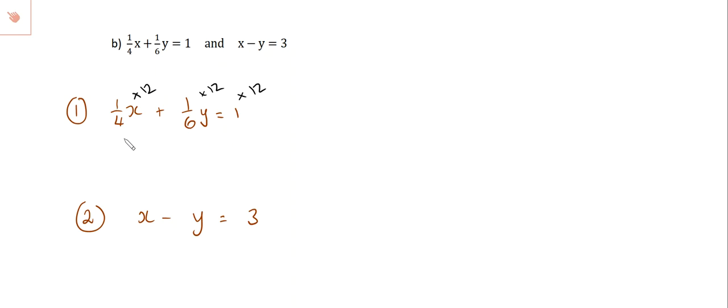This is where I saw a couple of mistakes. This gives me 12 quarters x plus 12 sixths y equals 12. Why 12? Because 12 divided by 4 makes 3x, 12 divided by 6 is 2y, and this one should have been times 12, so 12 equals 12.